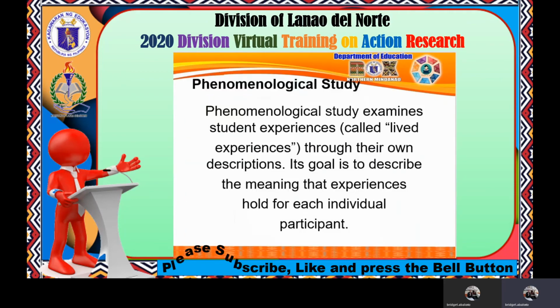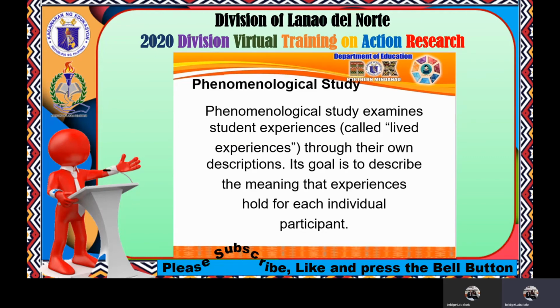The third type of qualitative action research study is the phenomenological study. When we say phenomenological study, it examines student experiences, called lived experiences, through their own description. The goal of knowing the life experiences of the students or participants is to describe the meaning that the experiences hold for each individual participant.